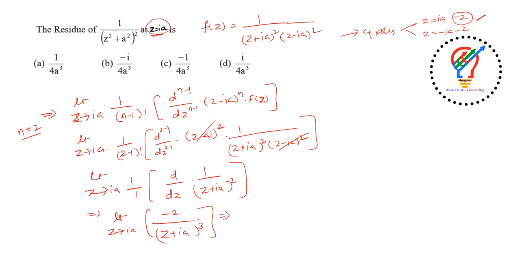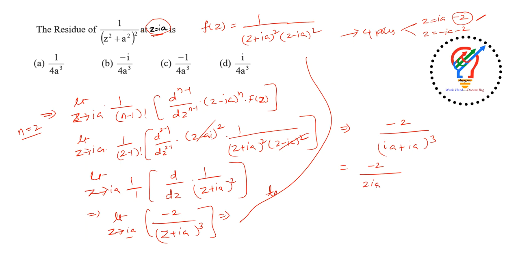Now substitute z equal to ia. Applying the limit, this entire part is minus 2 divided by (ia plus ia) whole cube, which is minus 2 divided by 2 into ia whole cube. 2 cube means 8 into i cube into a cube.